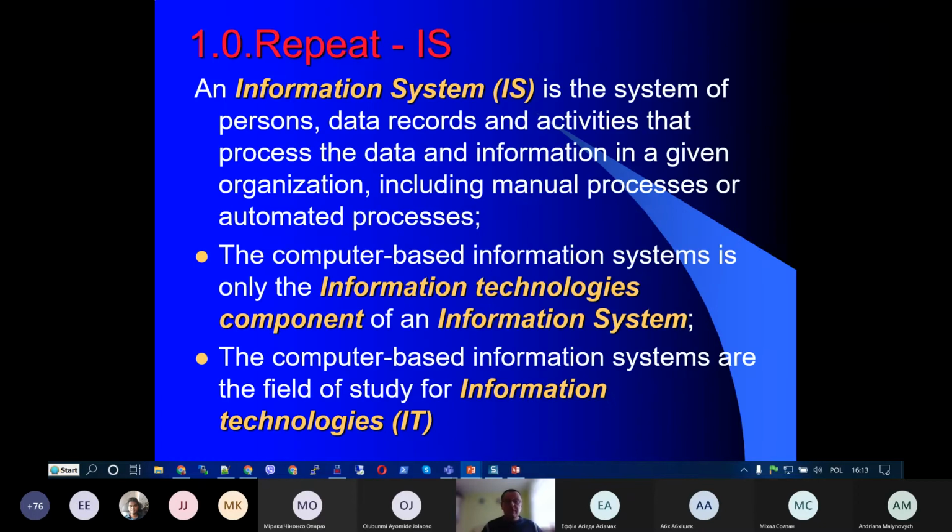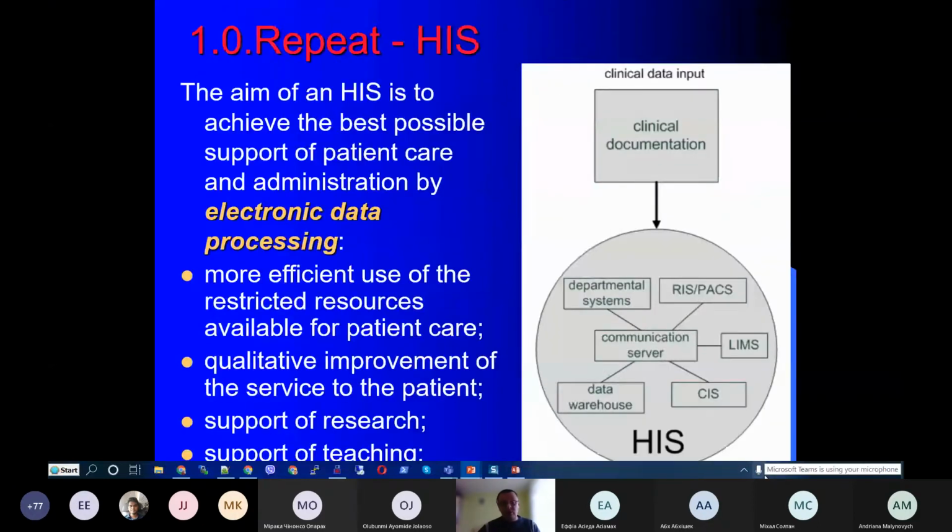Again, just check the beginning of the previous lecture: what is an information system? A system of people that acts on activities that process data and information in an organization, including manual and automation-based processes. During this lecture, we will consider only computer-based information systems, which are the information technology components of an information system and a field of study for information technologies.